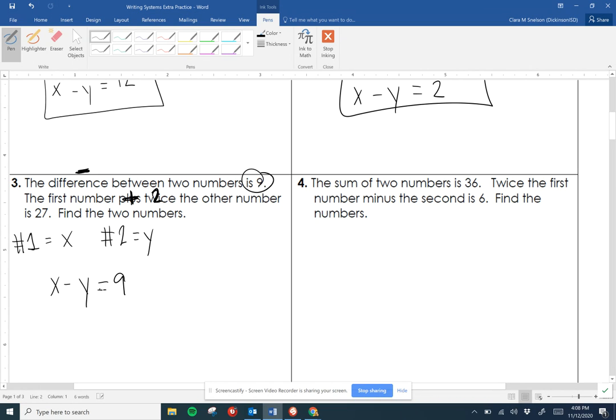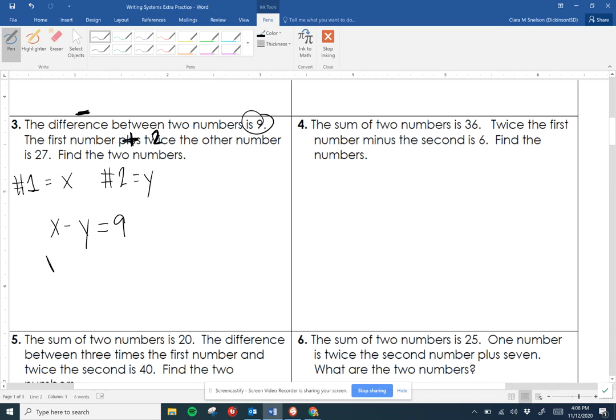Then it says the first number, so that means X, plus twice the second number, so that means plus 2 times Y, equals 27. Okay, so that's how we can write the equations for this one.